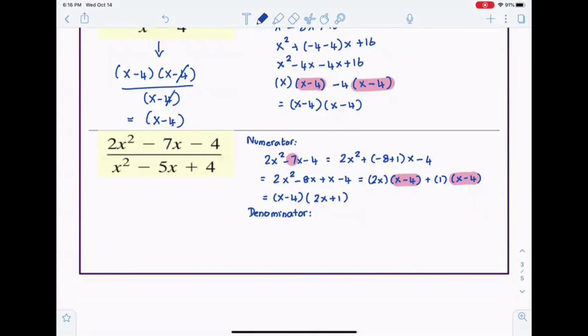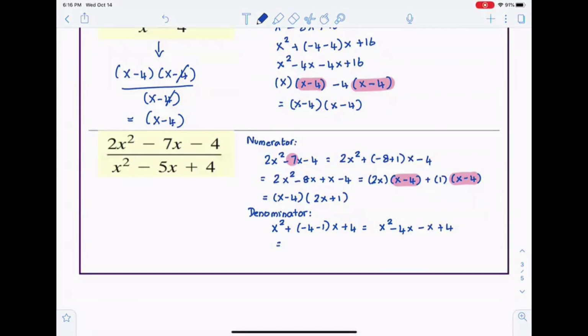So the two numbers in this case are -4 and -1. If I add -4 and -1, I get -5. If I multiply -4 to -1, I get +4. So that would equal x squared minus 4x minus x plus 4.